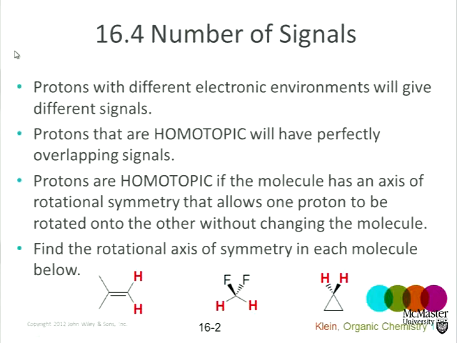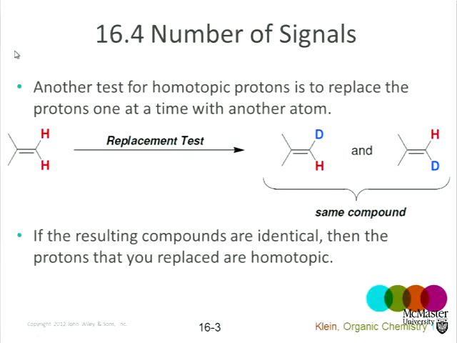So those are hydrogens that are equivalent to one another. They're called homotopic, and they have the same chemical shift. Both hydrogens in each of those pairs would give you a single signal in the NMR with two hydrogens in the integration. You can test this another way. You can do the so-called replacement test.